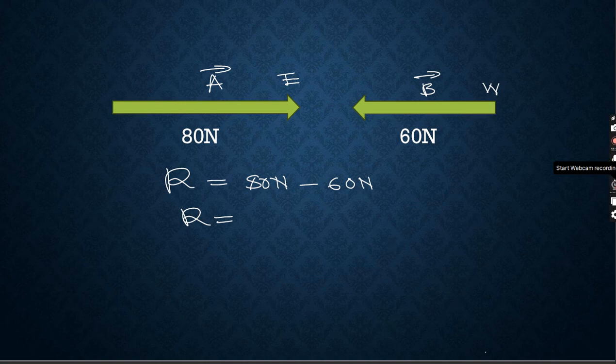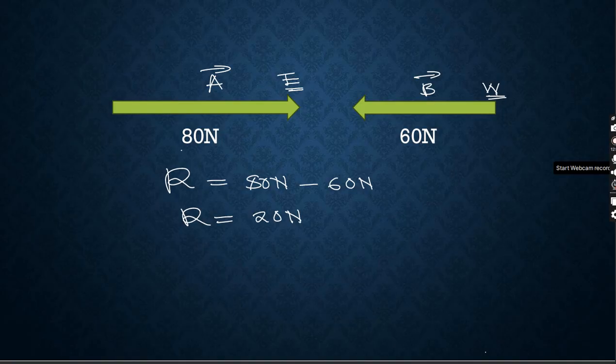Okay, so when we subtract these two vectors, we are going to get 20 Newton there, because they are pointing in opposite directions, so we subtract. Now the question is, which direction are we going to follow? Vector A is moving east and vector B is moving west. So we are going to follow the direction of the bigger vector.